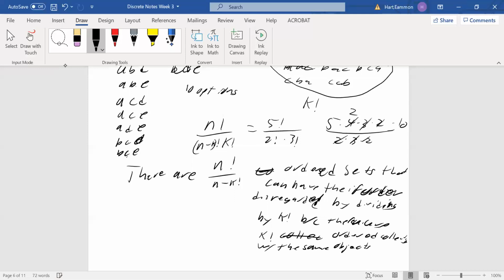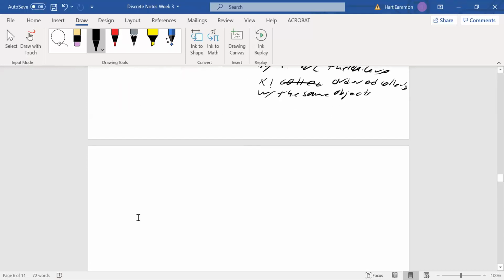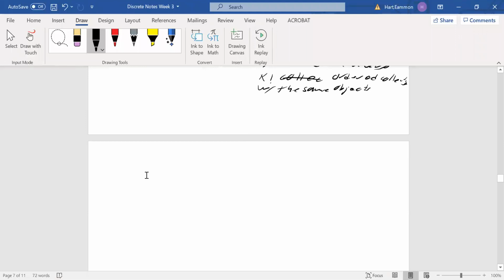So this is just the sketch of what would be the proof. And this comes up all the time. It's going to come up particularly when we talk about probability.